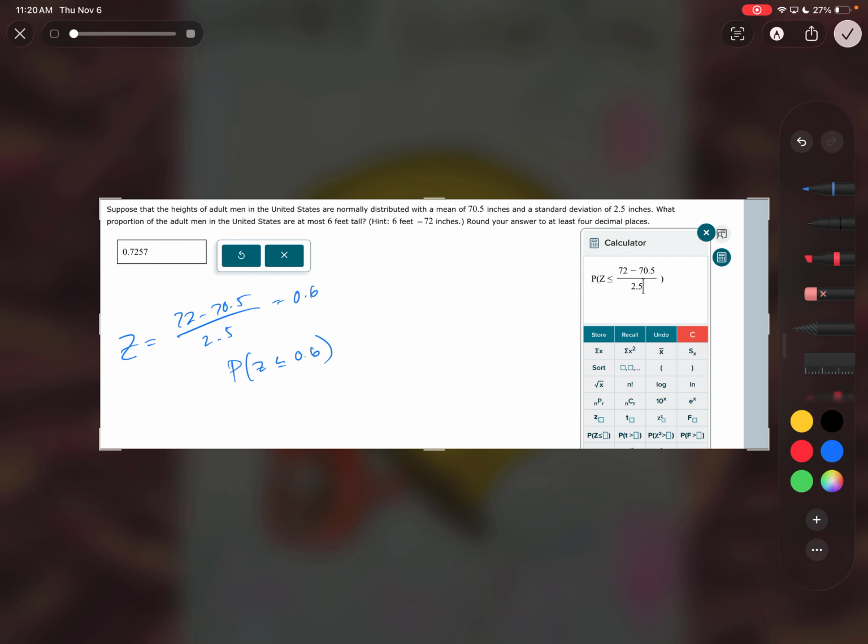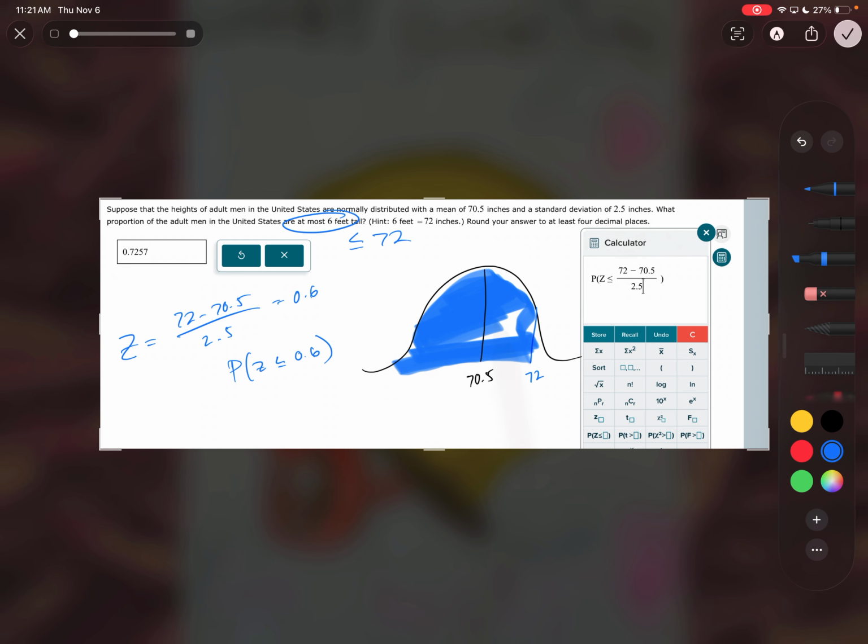Now, the big decision you are making is, okay, if I have 70.5 in the middle, my x is 72. At most, 6 feet would be less than or equal to 72. At most is less than or equal to. At least is greater than or equal to. So at most, I am shading to the left, okay?